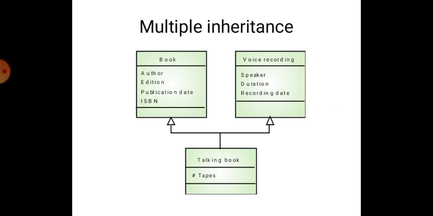That is, superclasses are book and voice recording, whereas the subclass or the child class or inherited class is talking book. Here book has attributes like author, edition, publication date, ISBN, whereas voice recording has name of the speaker, duration and recording date. And the inherited class is talking book. So this inherited class, talking book, takes attributes from the book as well as the voice recording class.